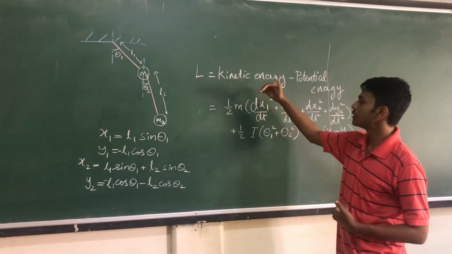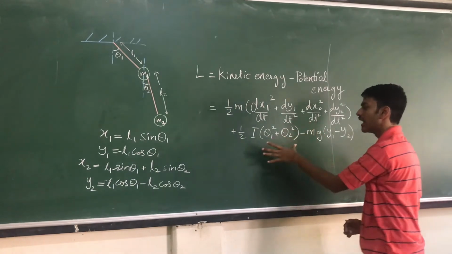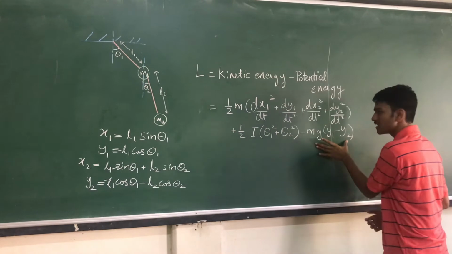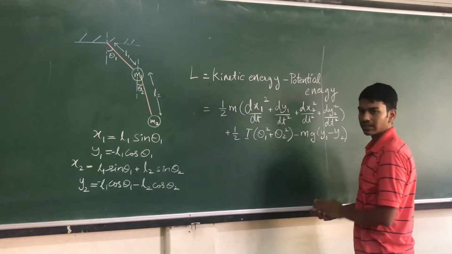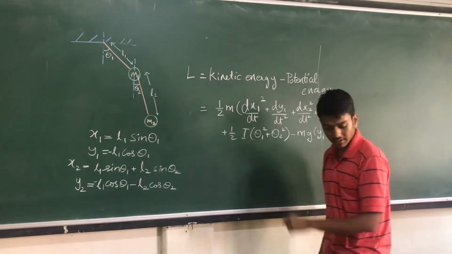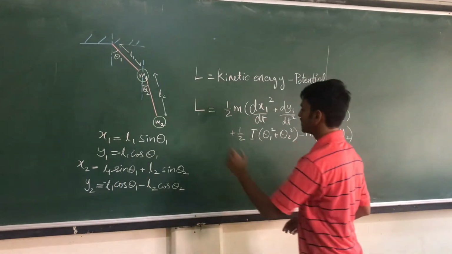If we try to find the kinetic energy of the system, what we get is the translational kinetic energy and the rotational kinetic energy of the system. The only potential energy of the system, that is, gravitational potential energy, will give us this simple formula. So what we have got here is known as the Lagrangian for this system.